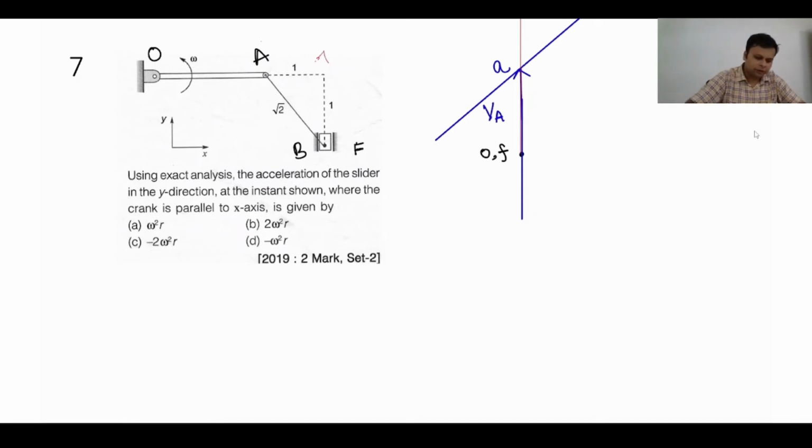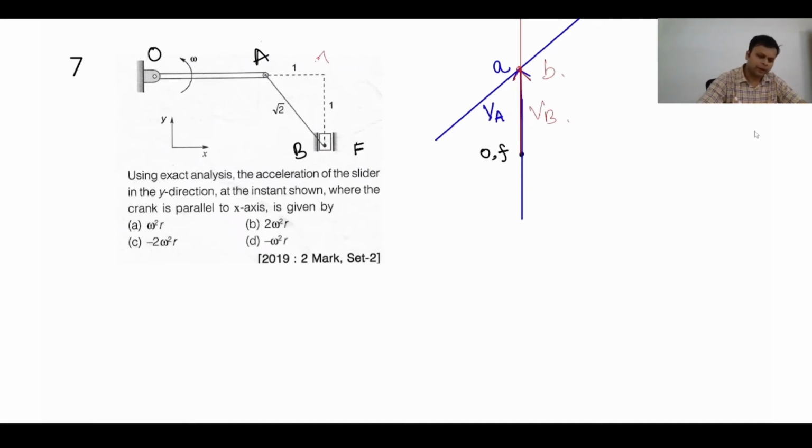So we can say the velocity of point B is nothing else but this. So this is also equal to VB. I hope you are able to understand. This line is VA, also equal to VB.